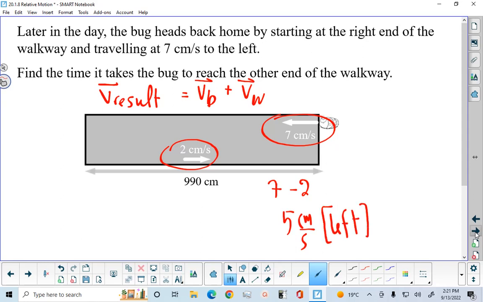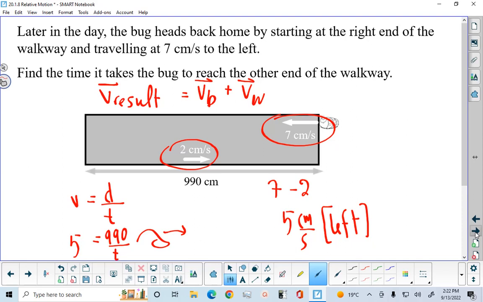And now if we want to find out how long it's going to take the bug to get back home, we can use speed equals distance over time again. This time the speed is going to be a lowly 5 centimeters per second, and that will be equal to 990 centimeters over the time. And again, I think it's pretty straightforward for everybody to be able to solve that for t.